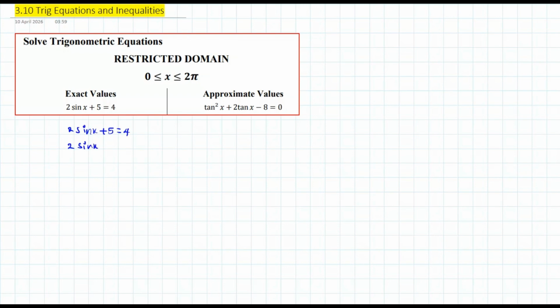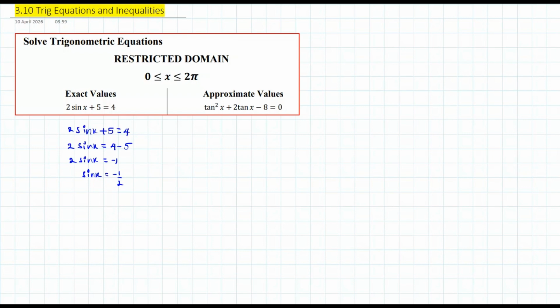You will get 2 sin x equals 4 minus 5, that is negative 1. Then divide both sides by 2, and you will get sin x equals negative 1 half.